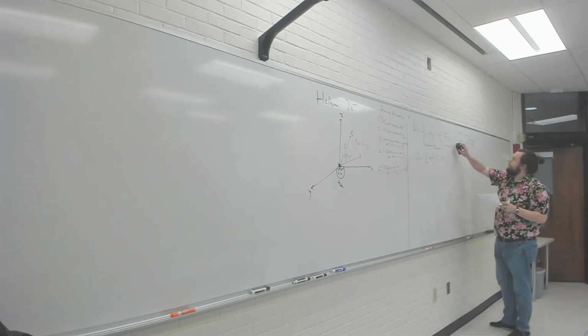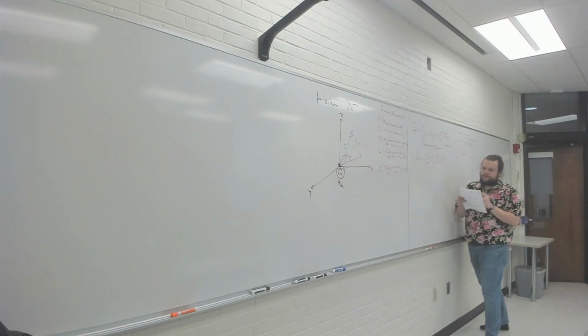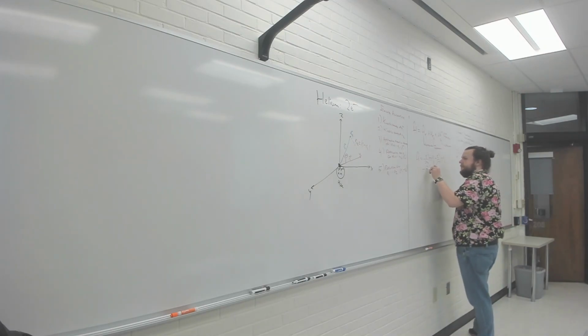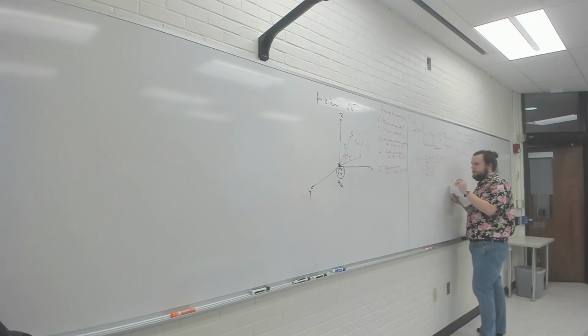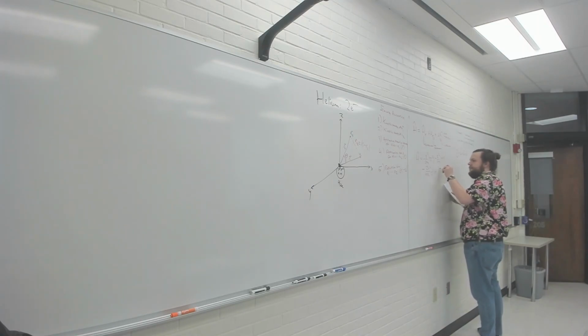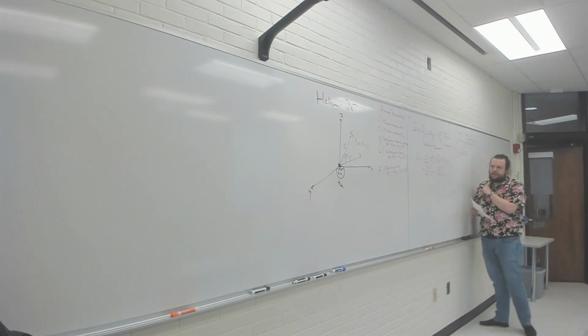And then we have the potential energy of electron 1 to the nucleus. That's going to be the Ze squared over 4 pi epsilon naught times 1 over R1, minus Ze squared over 4 pi epsilon naught times 1 over R2. These are just the attraction of the nucleus to each of the electrons.